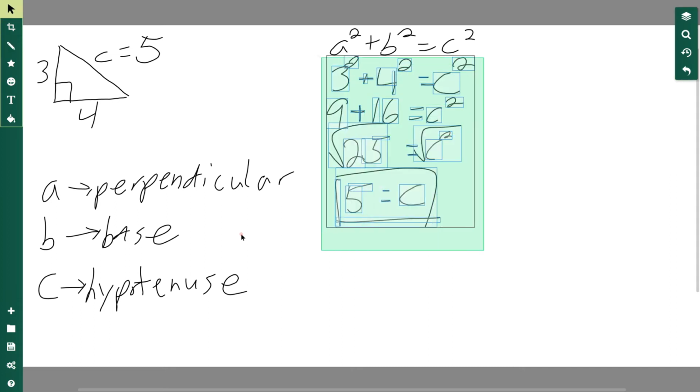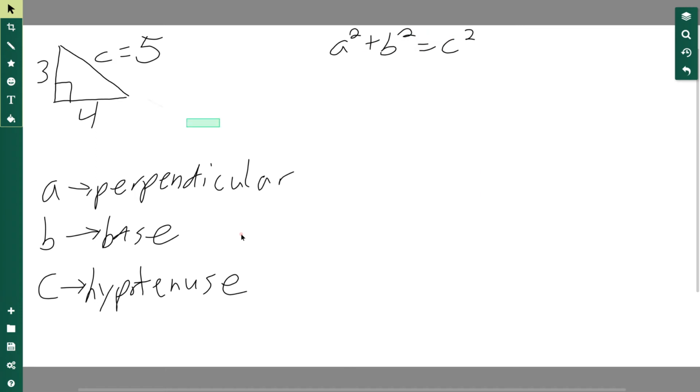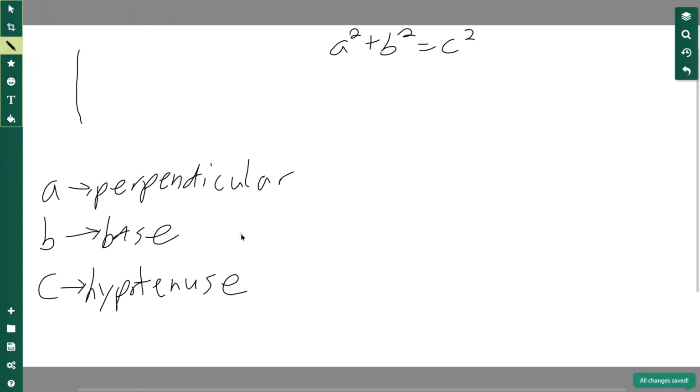So let's try a different problem. Let's say we have the perpendicular be 10, and then we can make the base 3.